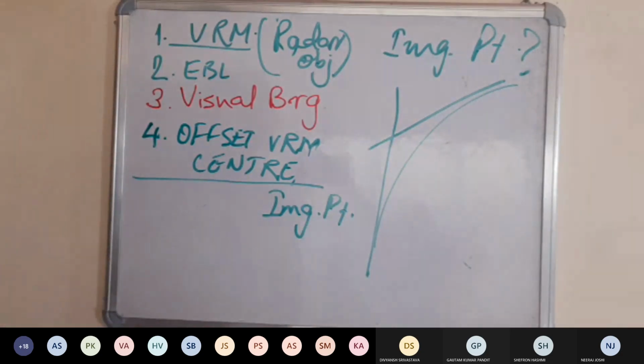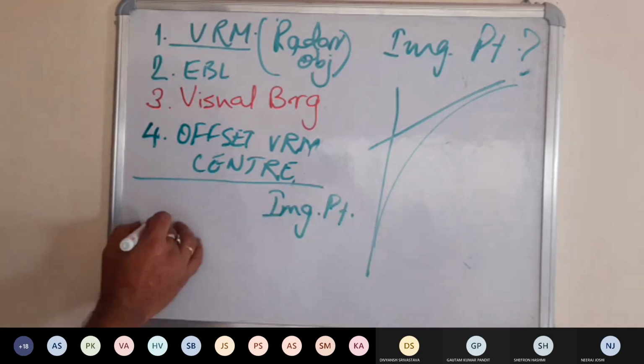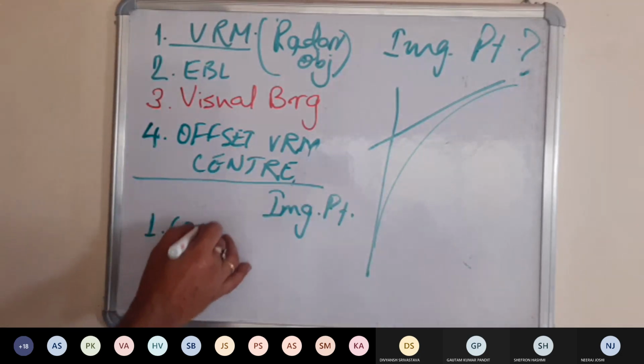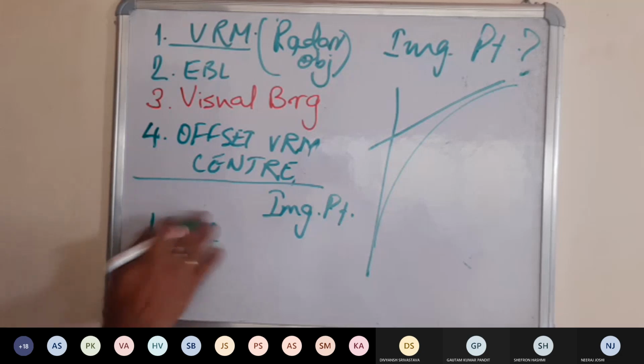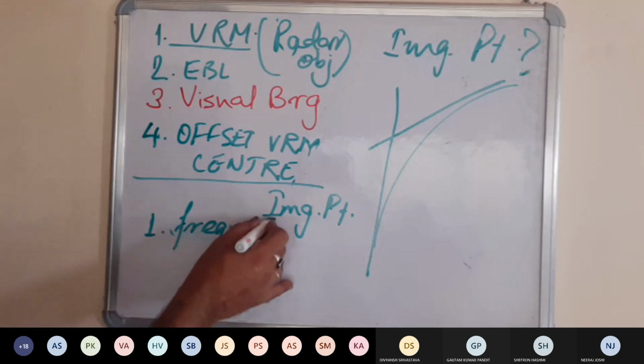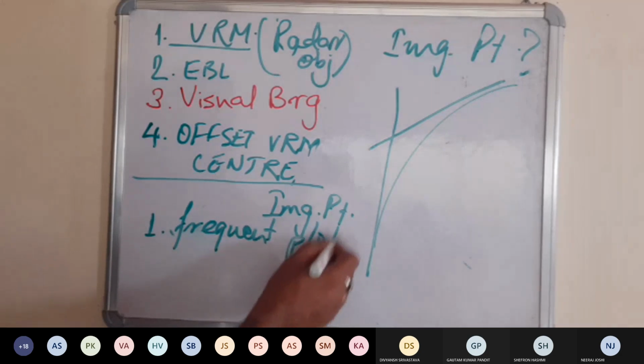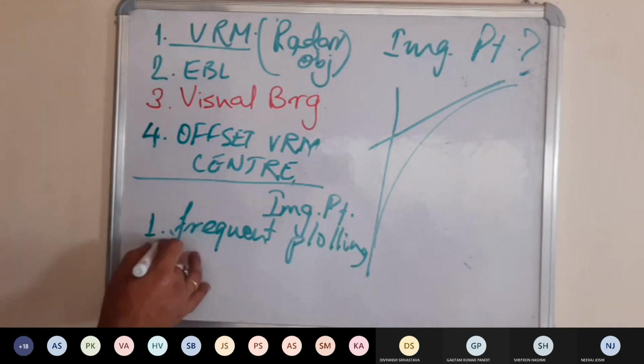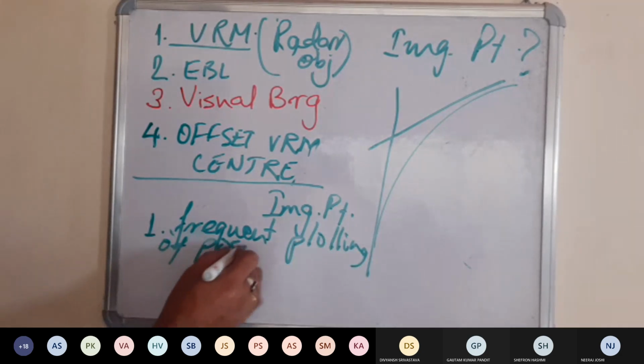मैं VRM रखूंगा तो मैच किससे करूंगा, EBL करूंगा तो मैं किससे करूंगा? So number 1 is frequent plotting of position.